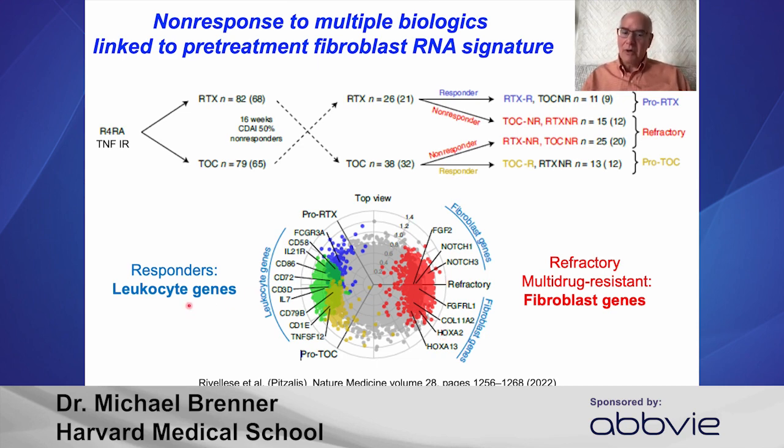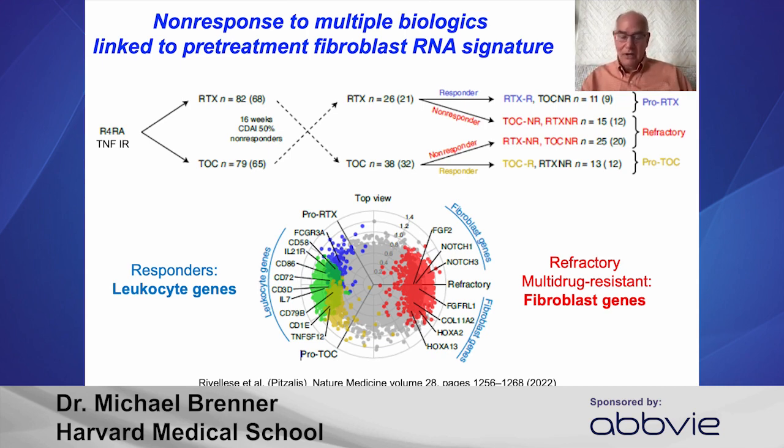Interestingly, the patients who were the responders had a much more inflammatory, leukocyte-related gene expression picture. And so it's very clear that the multi-drug resistant, non-responding refractory patients really are those that have primarily a fibroblast picture in their synovium.